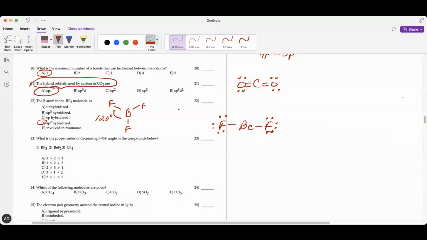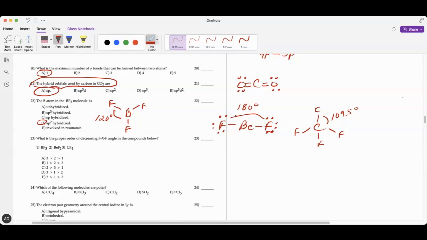And what is it asking? Oh, so this is 180 degrees because this is linear. And then CF4 is tetrahedral, so the bond angles are 109.5 degrees. What's it asking? Decreasing bond angles.